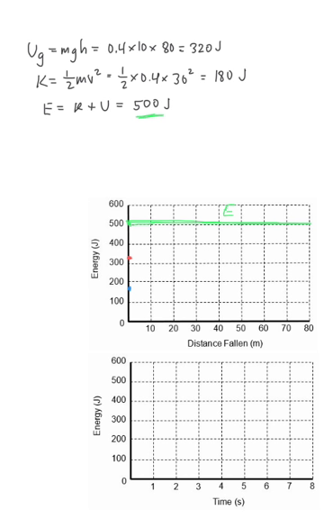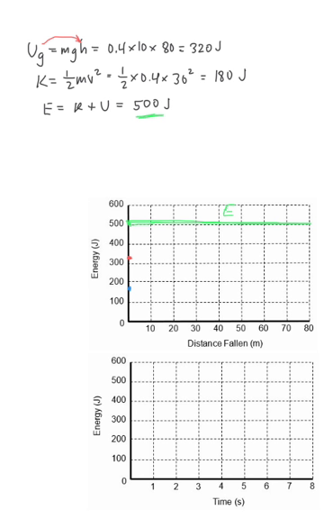Now let's look at the gravitational potential energy. For that one, you'll notice that the potential energy, U, is directly proportional to h, the height above the ground. So as the object's falling, when it gets to the ground, after it's fallen 80 meters, since it's ground level, the potential energy will be 0.